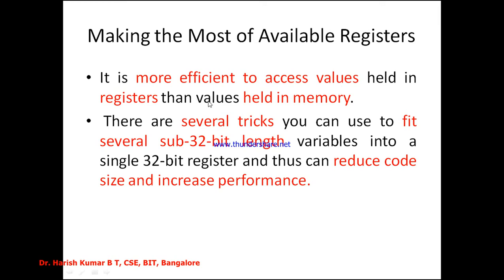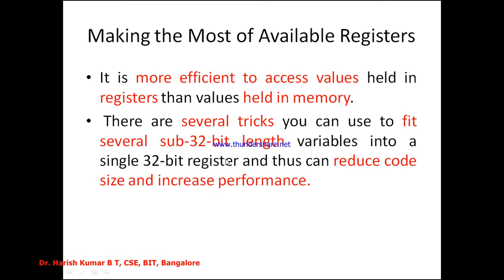There is another technique also which you can use in order to make use of the registers efficiently if you need more registers. There are several tricks which you can use to fit several sub 32-bit length variables in a single 32-bit register. That means in one single register you can store two values.